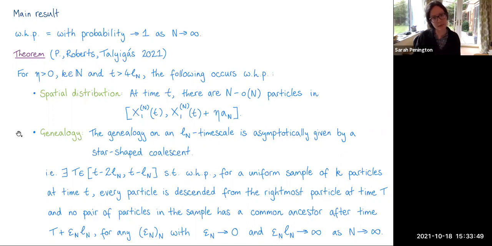And then for the genealogy, we said that the genealogy on an ln timescale is asymptotically given by a star-shaped coalescent.